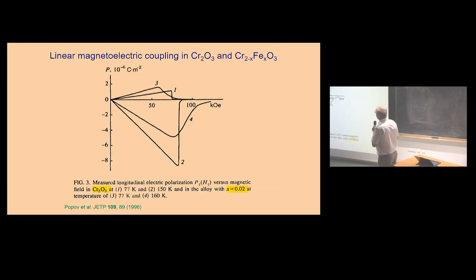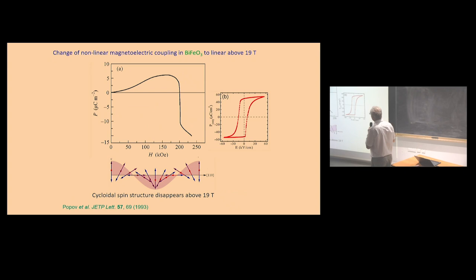In the case of chromium oxide, which was the first linear magnetoelectric system, you can see the induction of polarization with magnetic field, which changes linearly with magnetic field. So this is one of the pieces of evidence for linear magnetoelectric coupling.